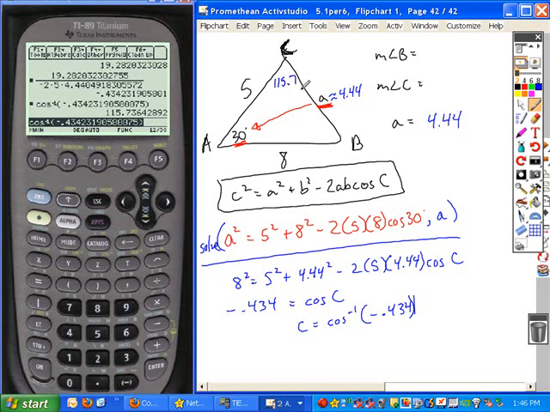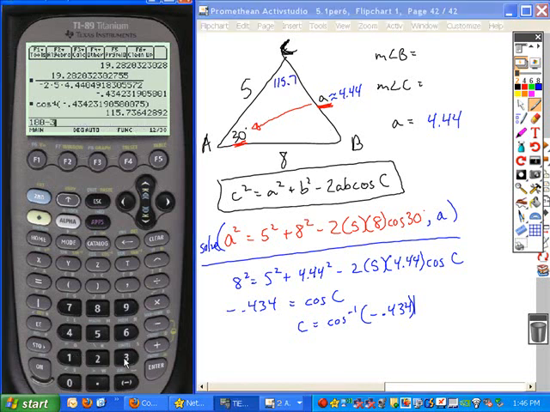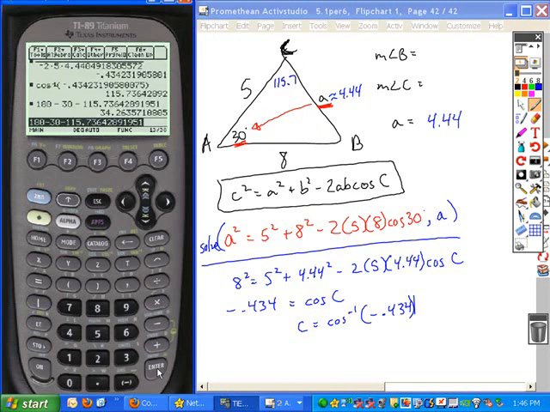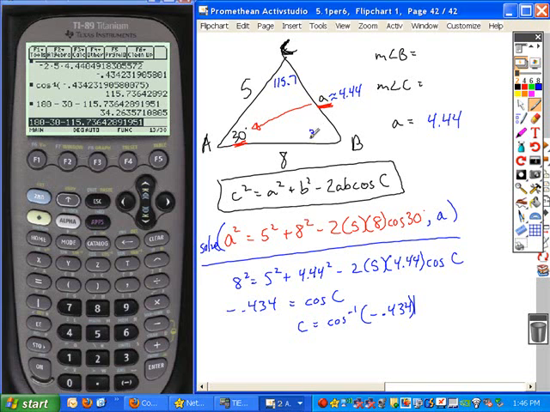Okay. So now, as we go through this, we can take the sum of these, 180 minus 30 minus 115.7 is equal to, and then we get our answer of 34.3 approximately. And so we now have all the pieces of information.